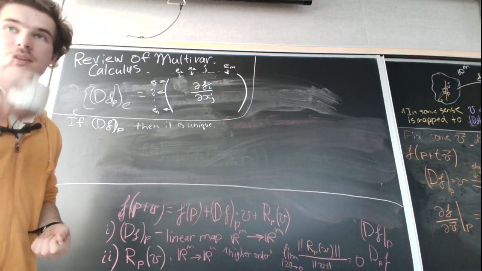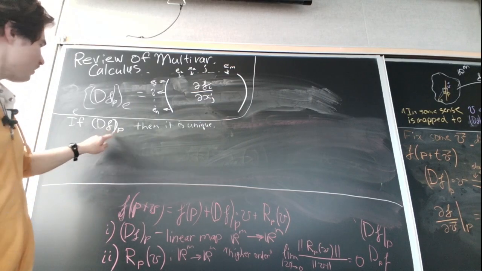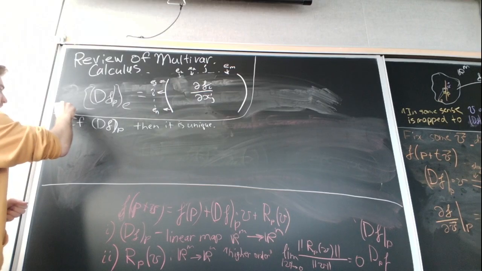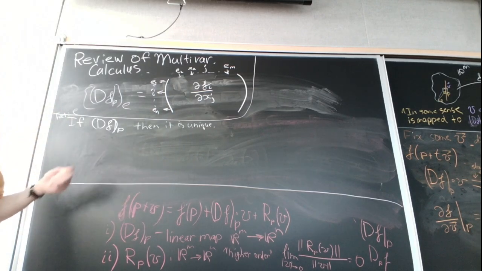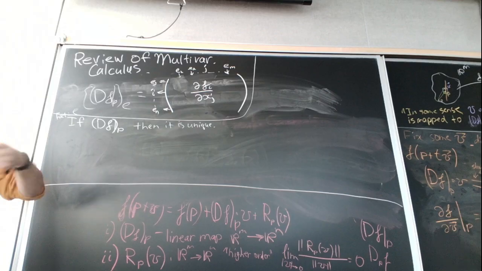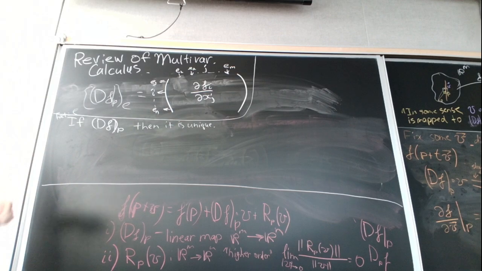This is just a fact without proof. You can prove it if you want to. If it exists, then it's unique. Now, using this, I can prove everything I want. Because what do I have to do?